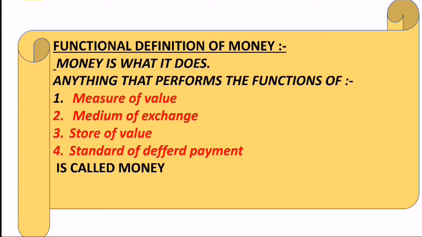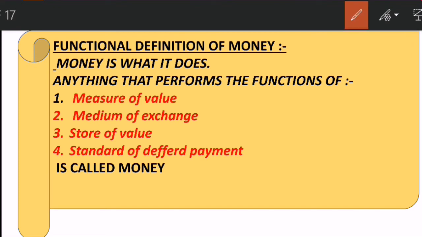Okay, and also in order to earn more money, the banks are charging interest to you. That you will learn in further slides. Don't worry about it. Just for now, learn that money is anything that performs these four functions of MMSS. That is measure of value, medium of exchange, store of value, and standard of deferred payment. All right. So anything that is performing all these four functions together is called money.